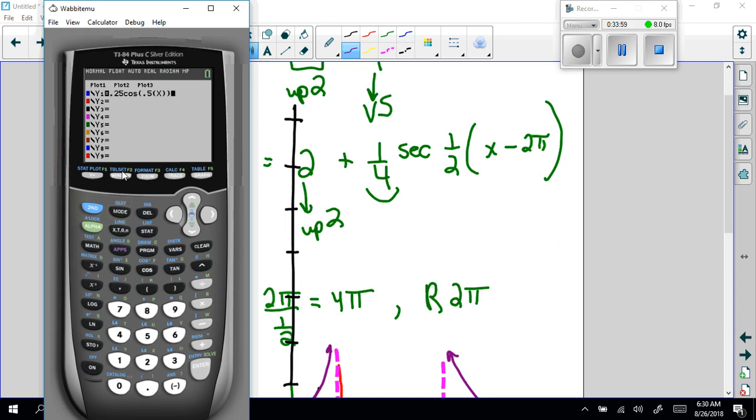You're going to set your window from 0 to 4 pi. Your scale, you might as well go by pi's. Initially, you want to go negative 0.5 to 0.5. And I don't care about your y ticks, let's go 0.25. Let's see if we got the graph. Yeah. So that's a good graph of cosine right there.